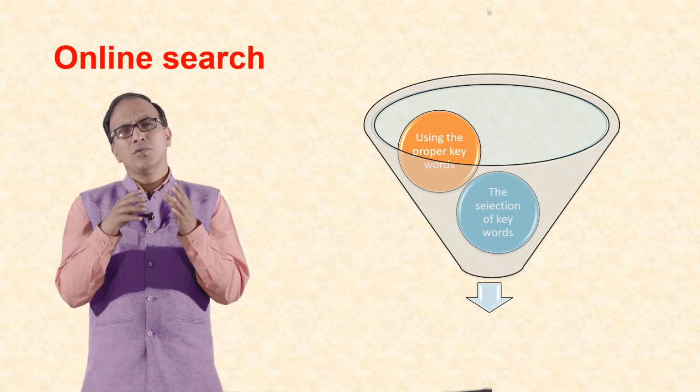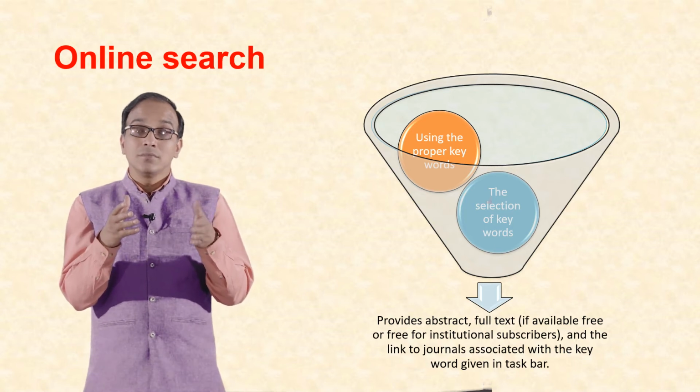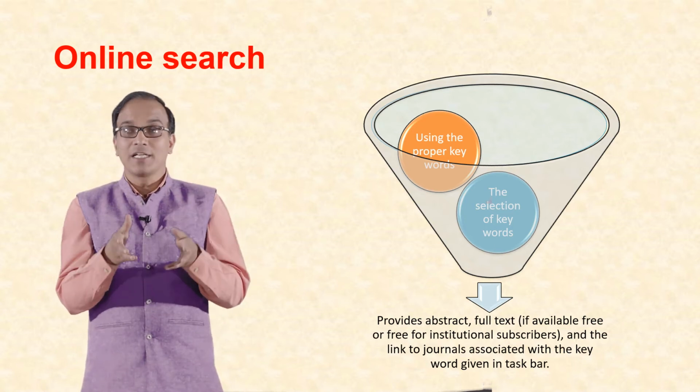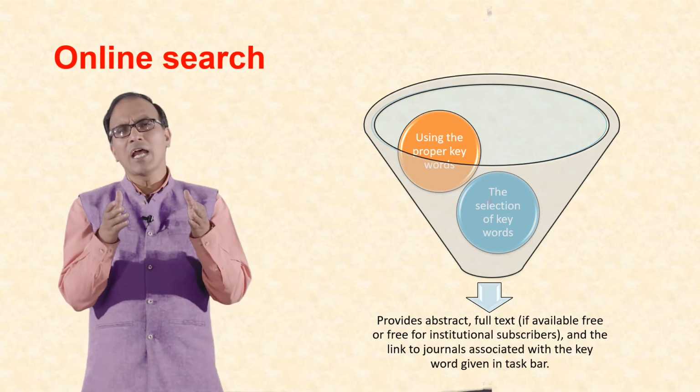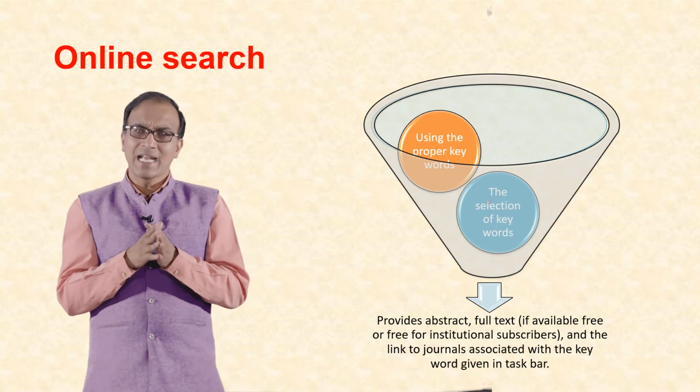When you put the keywords, you get the results in the form of a list of articles, and if you have the institutional subscription in that database or of that particular journal, you can have the full text of that article, and related articles you might get.